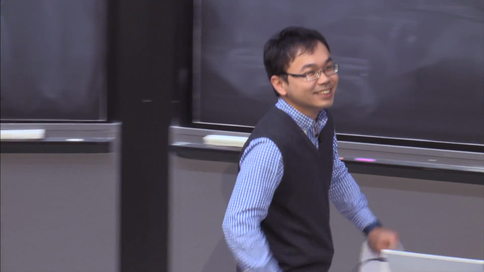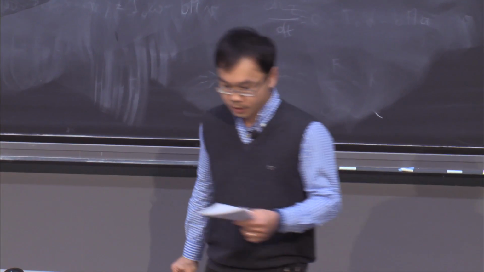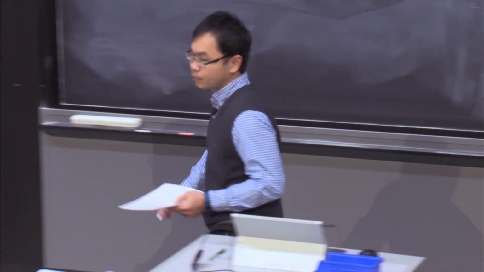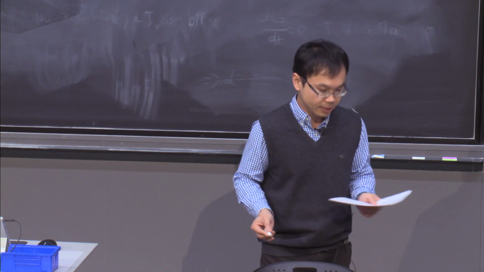However, if we work in a dispersive medium, which is really very common, for example light in glass, not all the lights with different wavelengths are traveling at the same speed.